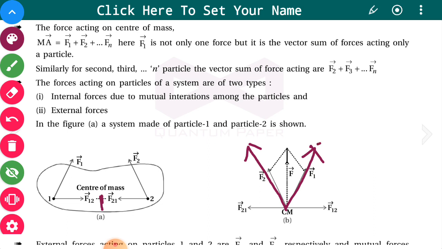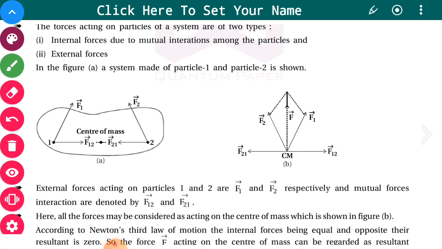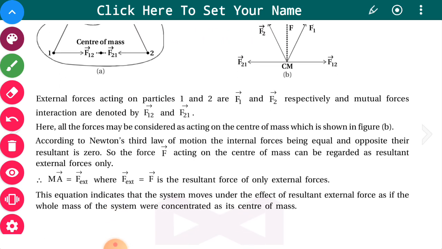So two forces are acting. Now the law of parallelogram is taken, complete the parallelogram, and this will be the resultant force acting on the center of mass. So whenever external forces are acting, they are considered to be acting on the center of mass. Internal forces are equal in magnitude and opposite in direction, so they cancel out each other's effect.